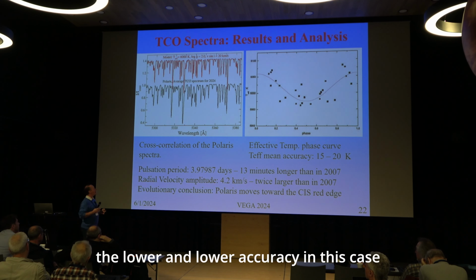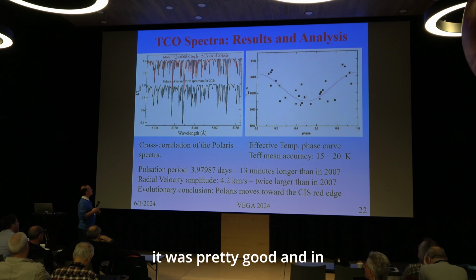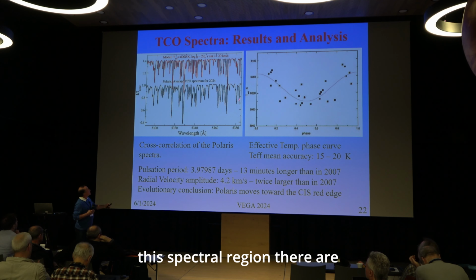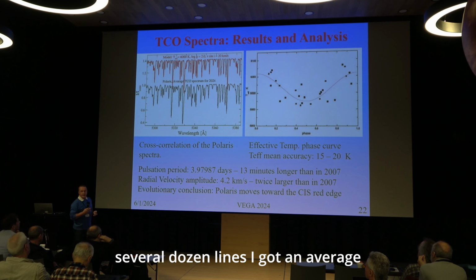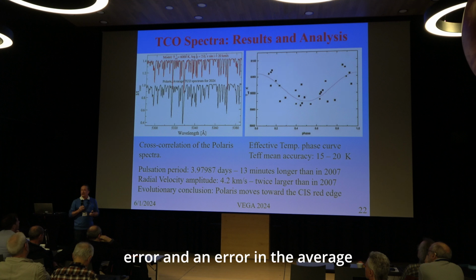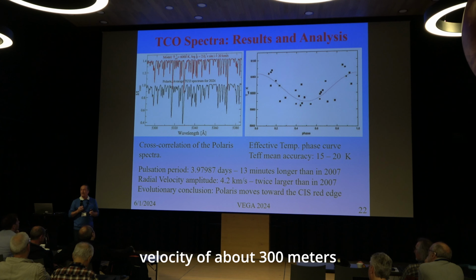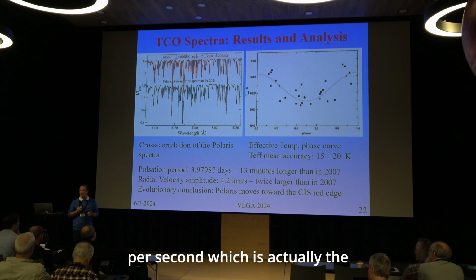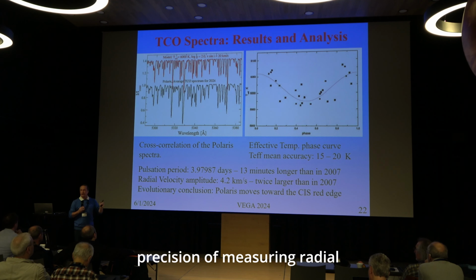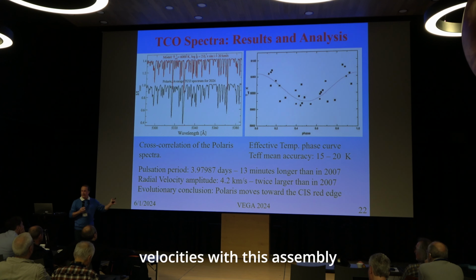In this case, it was pretty good, and in this spectral region, there are several dozen lines. I got an error in the average velocity of about 300 meters per second, which is actually the precision of measuring radial velocities with this assembly.